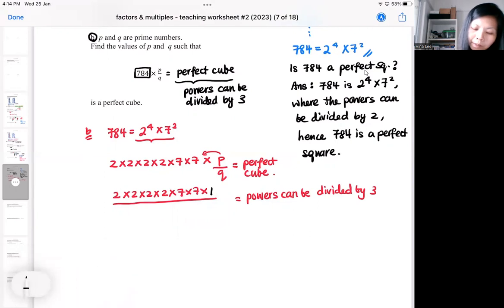I multiply by P and divide by Q. So this is the 2 cube, and in order to cancel away, I got to cancel like this. Then this is the 7 cube.